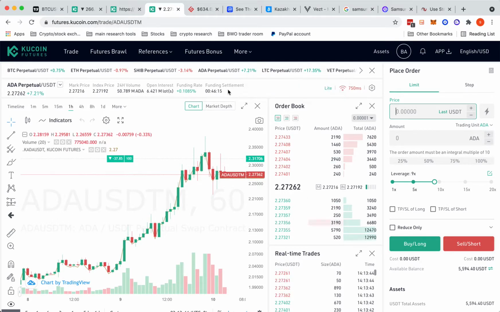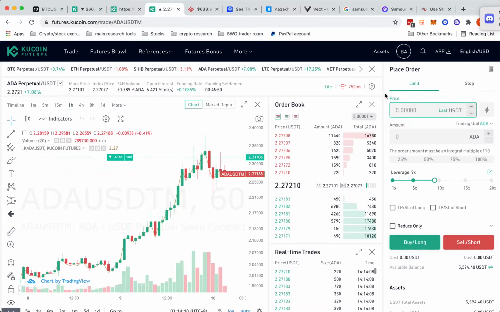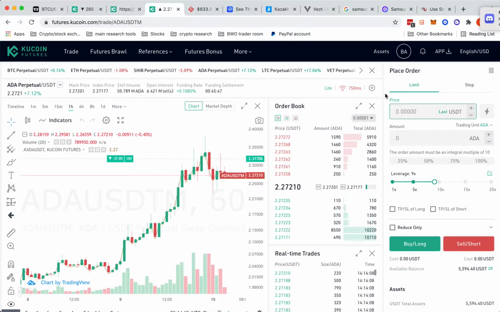So every 8 hours you're charged either 0.08 on a taker, which is the highest, or 0.02 on a maker, which is the lowest fee, but that just means that you're pretty much setting up a limit order that wasn't filled immediately. So every 8 hours you're charged those two fee amounts based on your order size. So this matters a little bit. And there'll be a video on funding settlement.